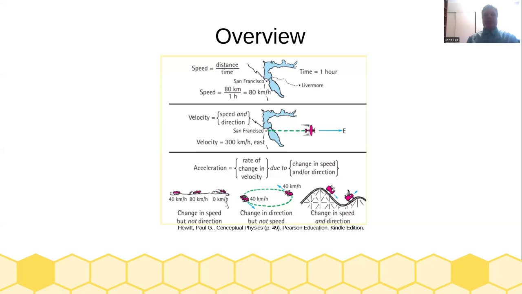And change in speed and direction can be given by a roller coaster. So physics relies on Newton's three laws, and these Newton's three laws rely on this understanding of position and rates of change.